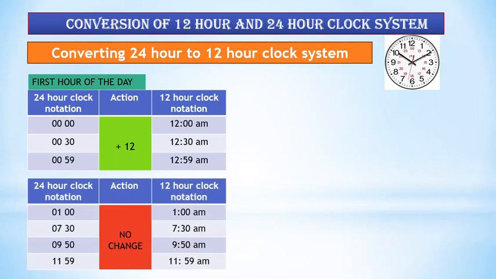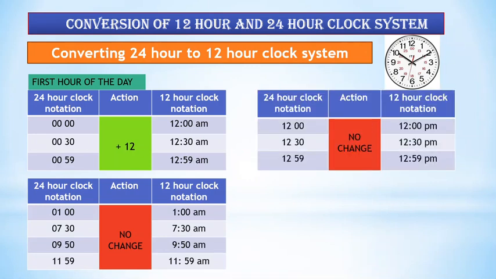The second rule is to keep numbers same from 100 hours to 1159 hours. No change occur except the addition of colon and am in 12-hour clock notation. Same we will do with another group of numbers, that is from 1200 to 1259 hours.